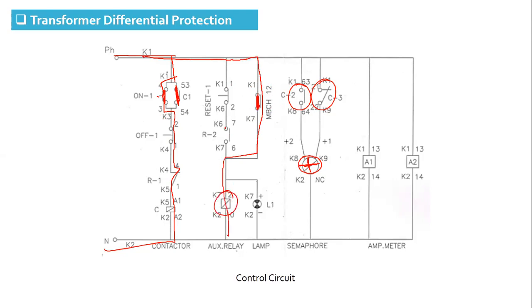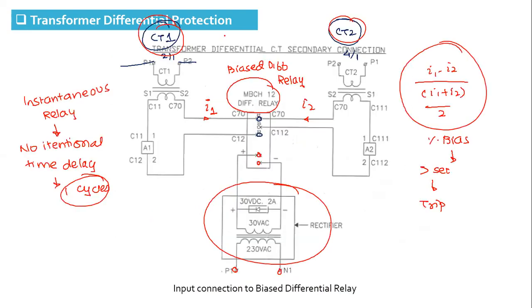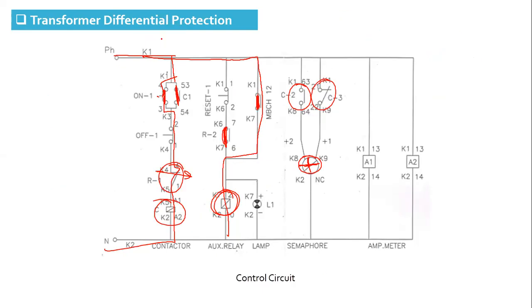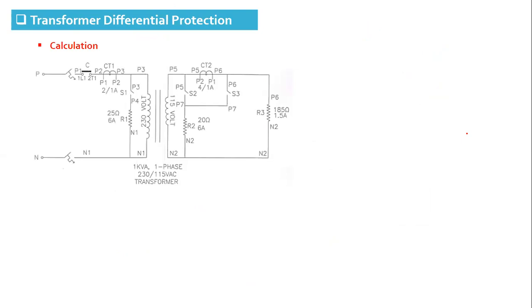The auxiliary relay will give hold-on to the MBCH12 contact, and the normally closed contact of the auxiliary relay will be open. So the supply to the contactor coil will be disconnected, and the contact here will become open, disconnecting it from the supply. This is how it works.